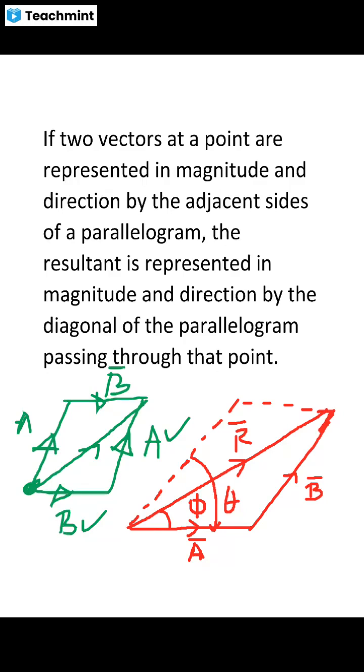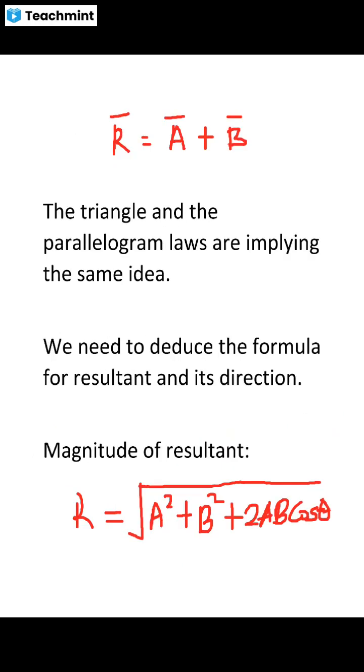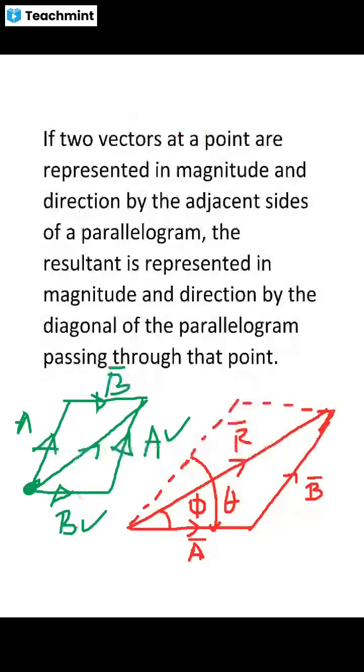So now, what do you gain from this? What you get is that this triangle we have here, if I erase this side, can you see that the remaining one is like the triangle law?